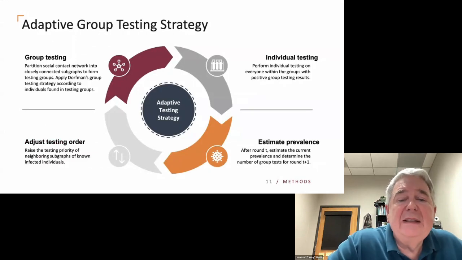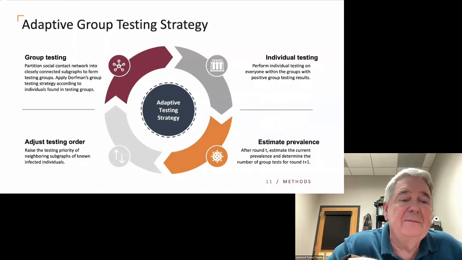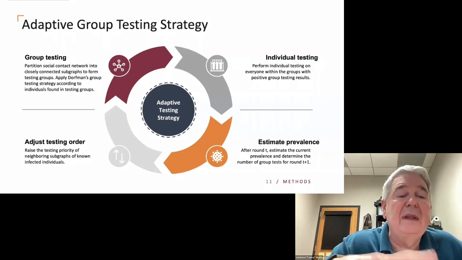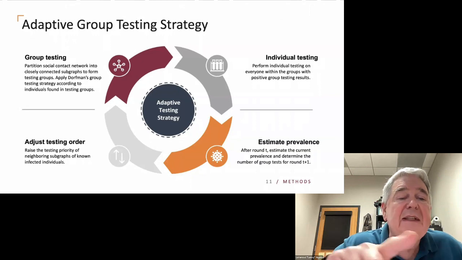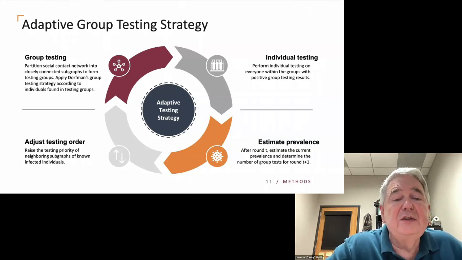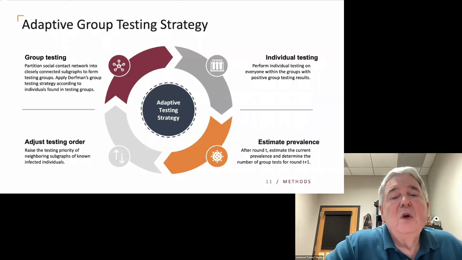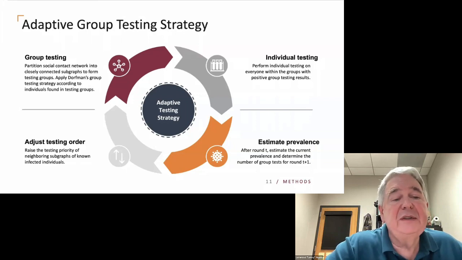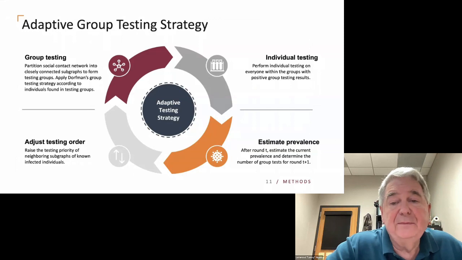So the big idea is to go around this circle of testing. Each round, as we will talk about later in simulation, will be a simulated day of testing. So the first thing is to do group testing on some of the subgraphs. We are assuming that we have limited testing resources, so we will only test some of the subgraphs.